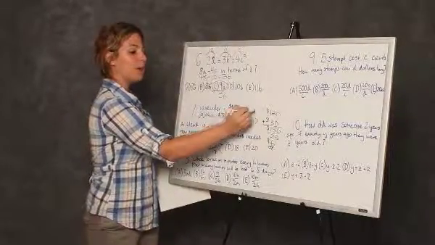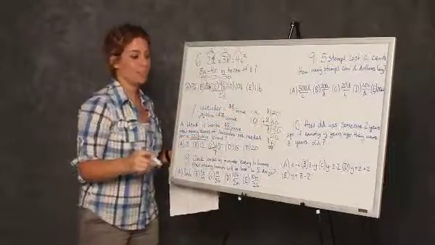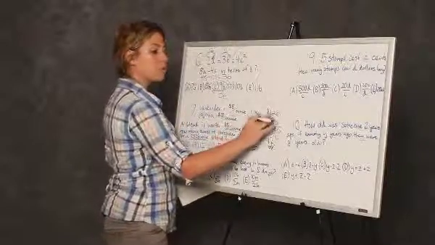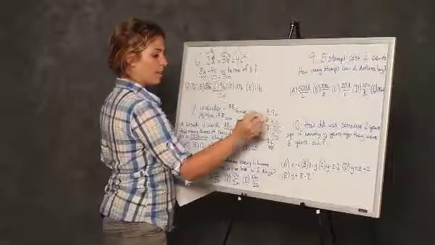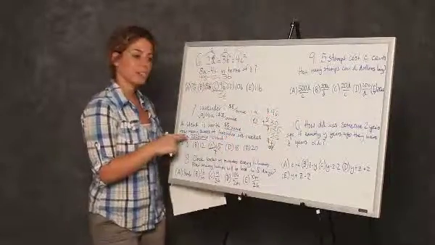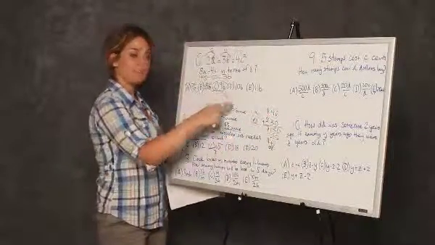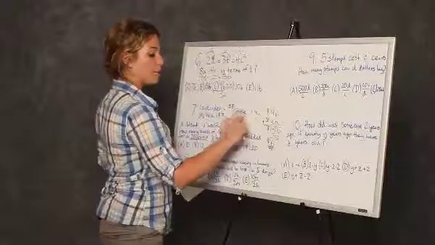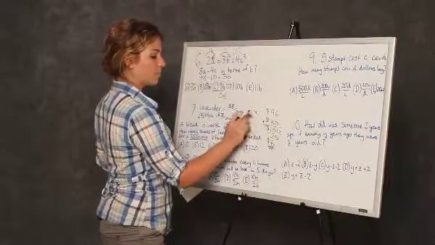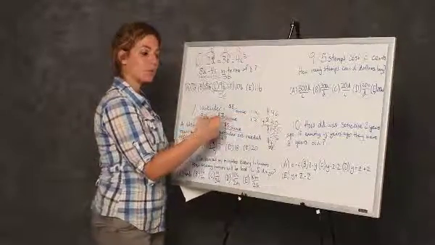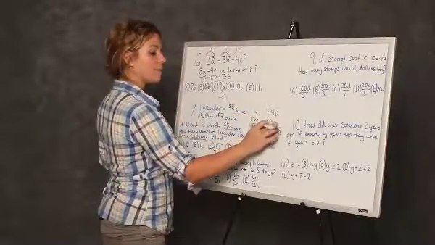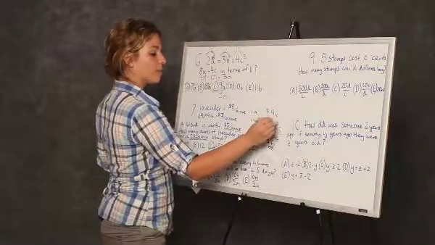So if we have 12 ounces of lavender at $8 an ounce, 12 times 8 gives us 96. And then if there's 25 ounces in total, 25 minus 12 gives us 13. And if you have 13 ounces times $3 per ounce, that's going to be $39.